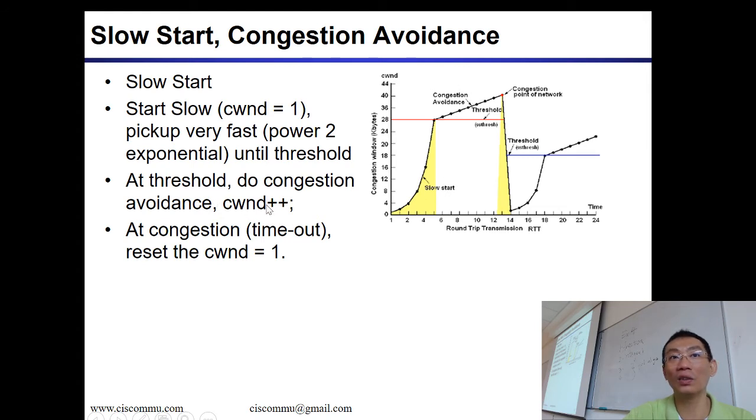So in congestion avoidance, each round trip time, this is not seconds, first time you go, let's say it's 32. Then after you finish your round trip, 33, you send 33 segments. Then you finish your round trip, you send 34, like that, until the pipe is full.